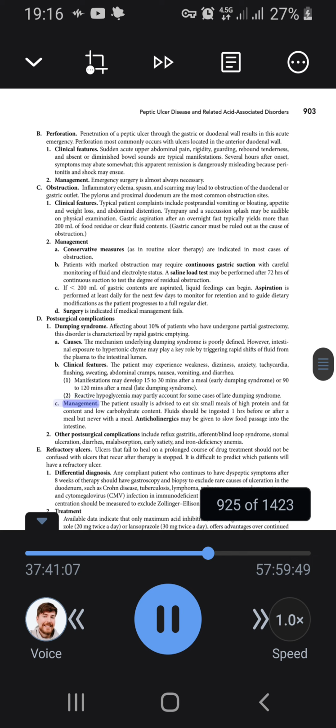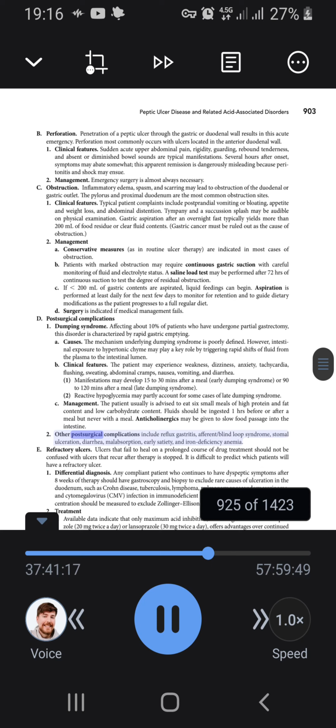C. Management. The patient usually is advised to eat 6 small meals of high protein and fat content and low carbohydrate content. Fluids should be ingested 1 hour before or after a meal, but never with a meal. Anticholinergics may be given to slow food passage into the intestine. 2.